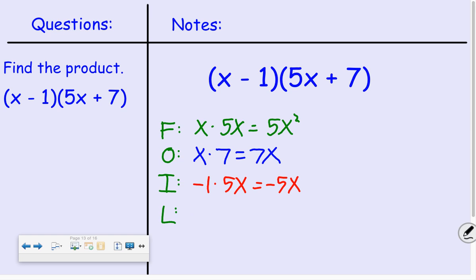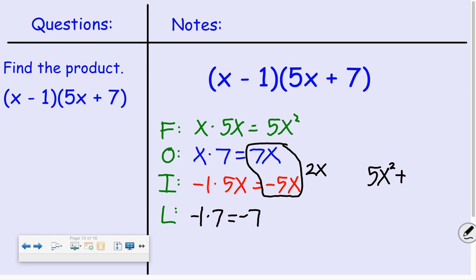And last is negative 1 times 7, which is negative 7. So 7x and negative 5x make 2x. So then my answer is 5x squared plus 2x minus 7.